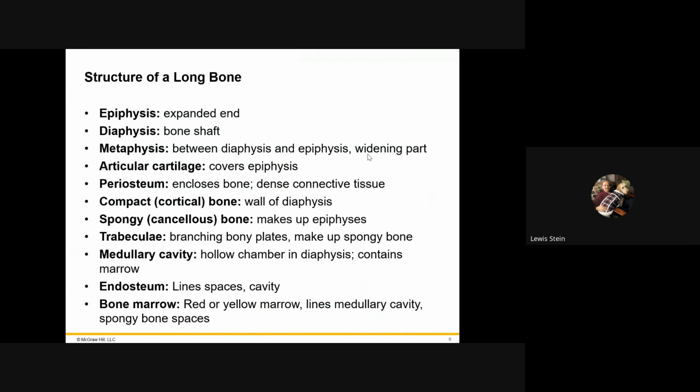Two types of bone, cancellous or cortical bone. I beg your pardon. Cancellous or cortical bone are the two types. Compact and cortical we use synonymously. They're in the outermost layer, particularly in the diaphysis. It's present but very, very thin in the epiphyses.